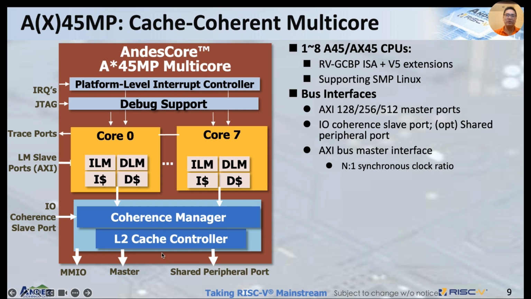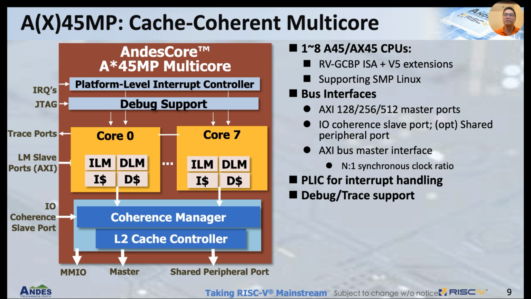The AXI bus master interface can be configured to run at an N-to-1 synchronous core to bus clock ratio. It supports the standard PLIC, platform level interrupt controller, to handle interrupts. It also supports vector interrupt for fast interrupt response and priority based interrupt.